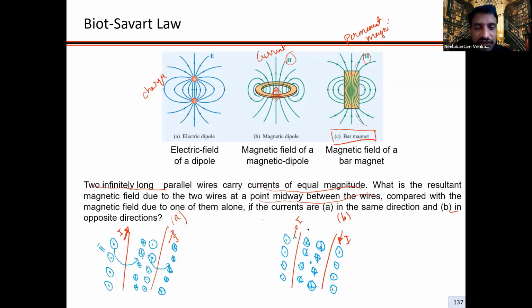So in this case, these two magnetic fields will add up. So in case A, they cancel. And in case B, they add up.